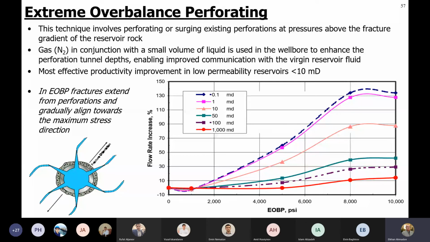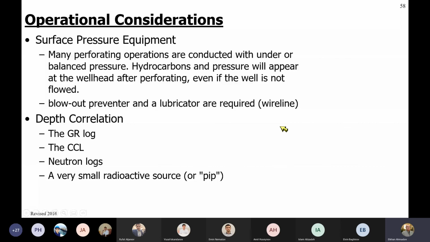Of course, as we talked about, perforating operations are conducted with underbalanced or overbalanced pressure, and therefore we have to test our wellhead and the other equipment at the surface, so that if hydrocarbons and pressure reach the wellhead, it does not lead to any blowout or kick.